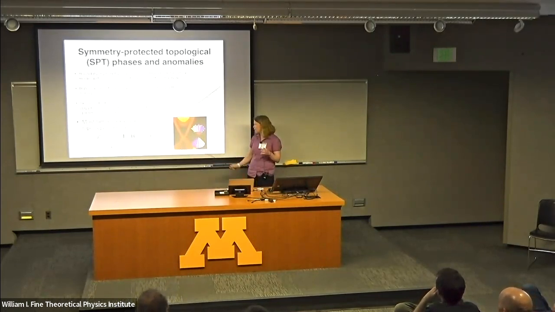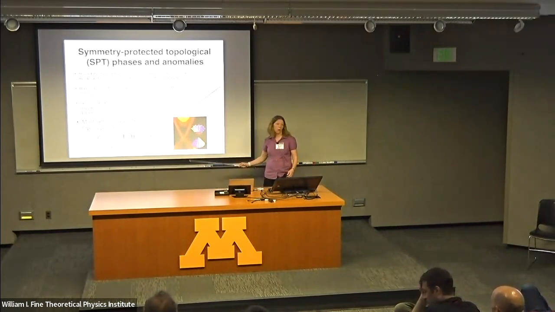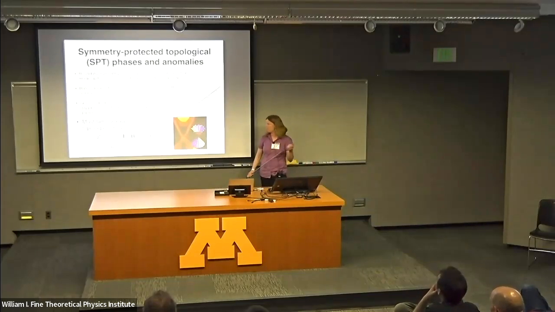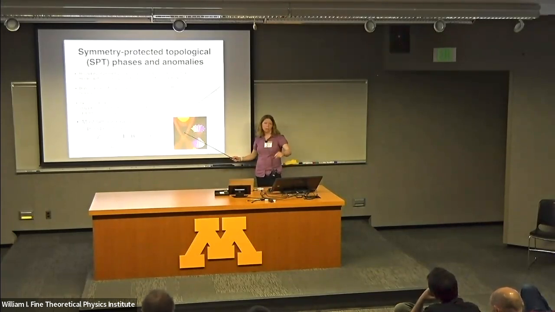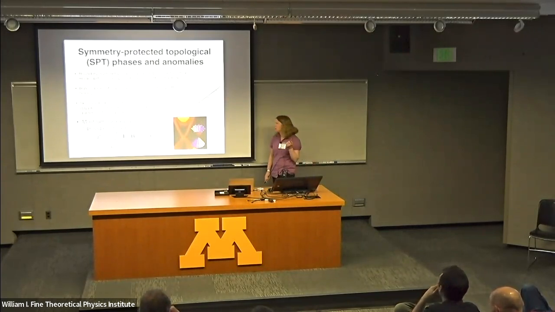What this E dot B term does for me is tell me, and this, by the way, is an experimental image taken by ARPES, photo emission spectroscopy. You look at the surface of this system and you see that there's an odd number of Dirac cones. However, you also see that there's no magnetic order or anything. There's no evidence of time reversal symmetry breaking.